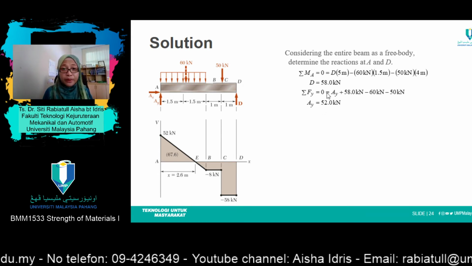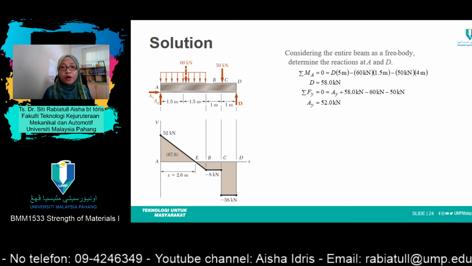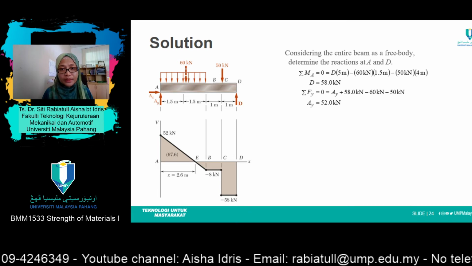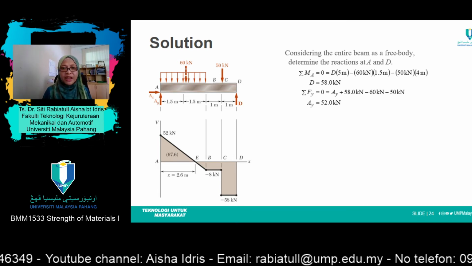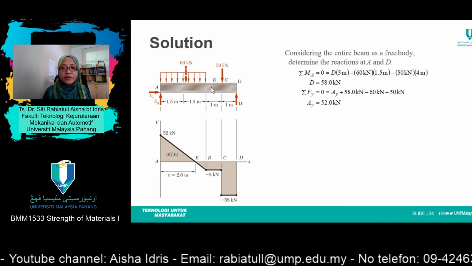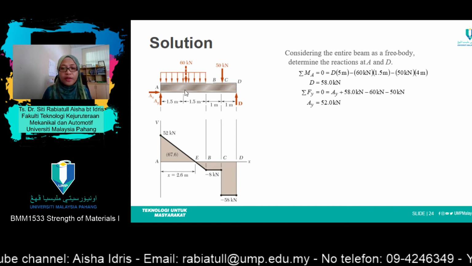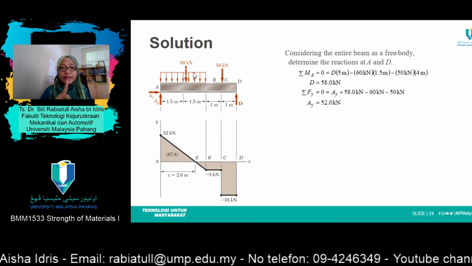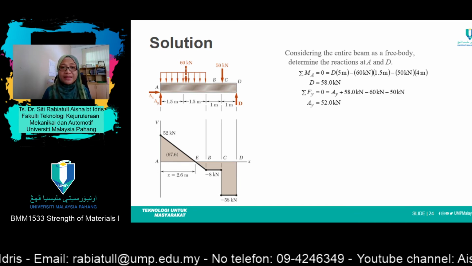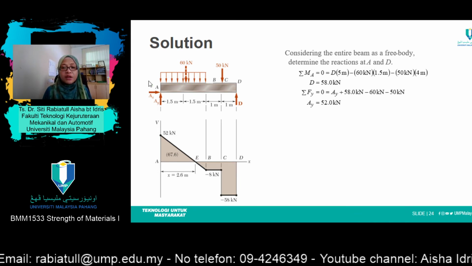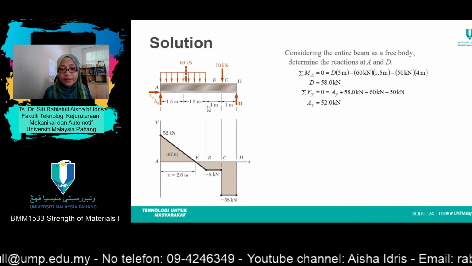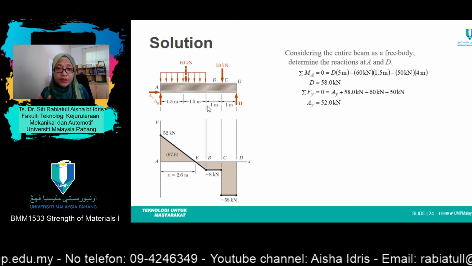And remember, again, for any question that has uniformly distributed loads in it, when you want to find the other reaction forces, you need to transform it into a single load by taking its average along the beam, along the load that has been distributed.